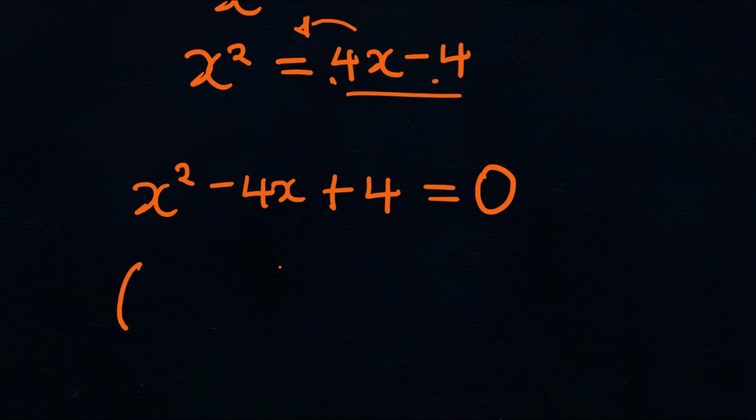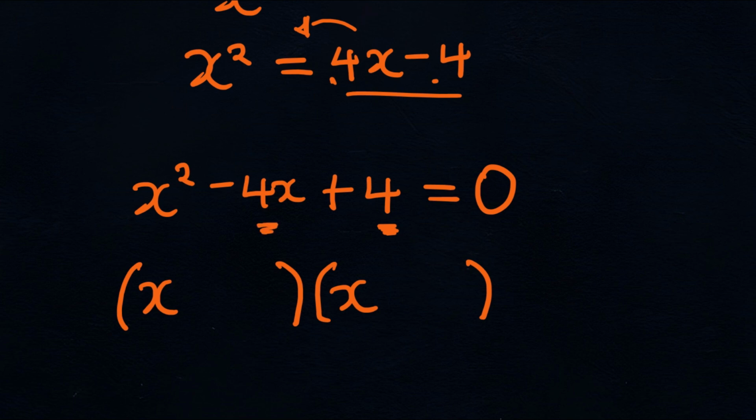So we know that the factors of x squared is just x and x, and then we are looking for two numbers of which when we multiply them they are going to give us 4, and when we add them they are going to give us 4.